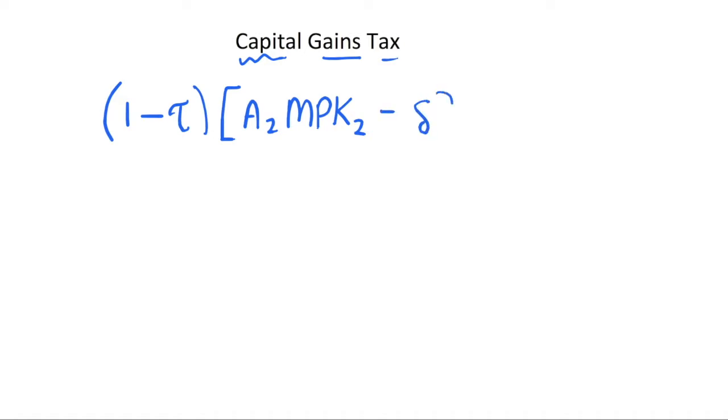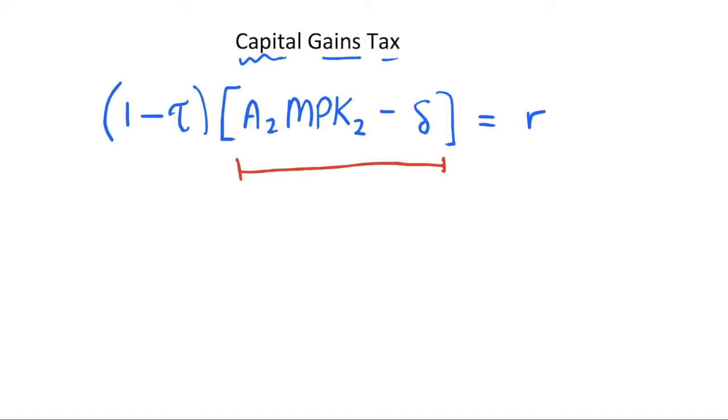And we're going to subtract depreciation on this side and set this equal to R. And why have we done this? Well, that's because this term here is the thing that's being taxed. This is our earnings on our investment. It's our marginal product of capital multiplied by our productivity term.